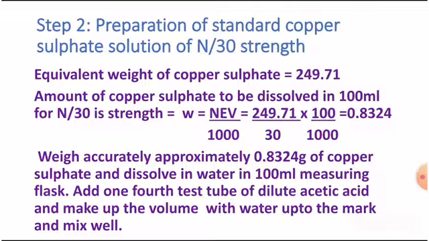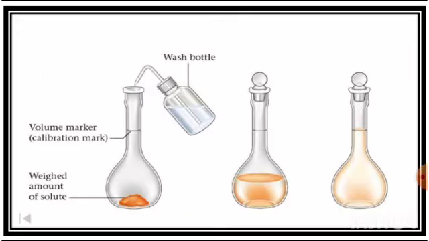So we weigh accurately approximately 0.8324 gram of copper sulfate and dissolve in water in 100 ml measuring flask. Add 1/4 test tube of dilute acetic acid and make up the volume with water up to the mark and mix well.